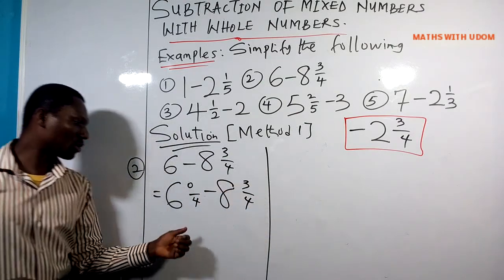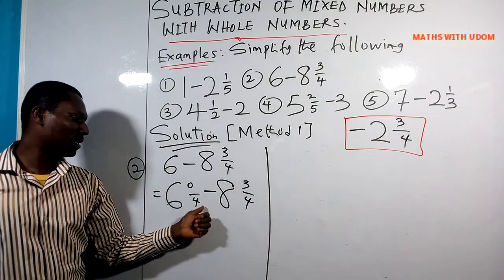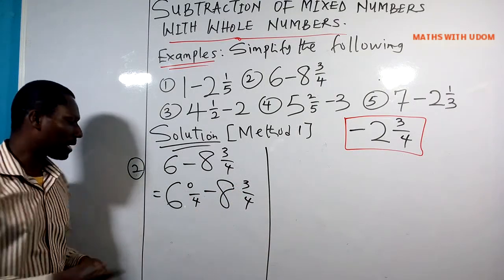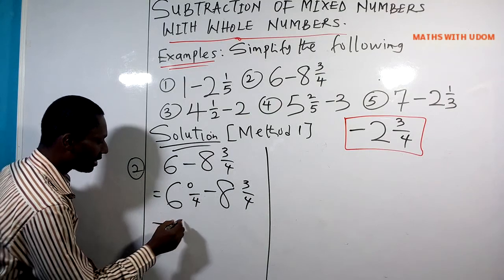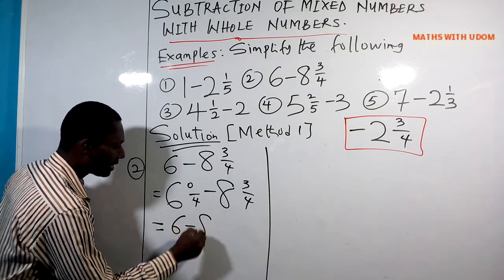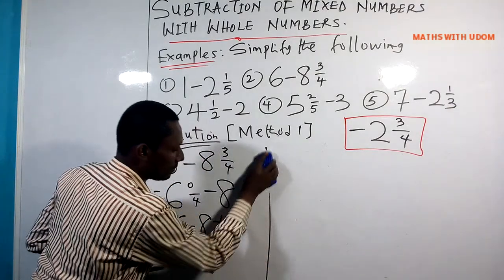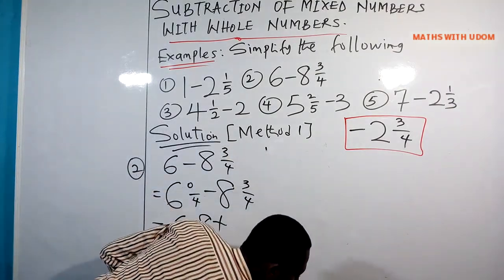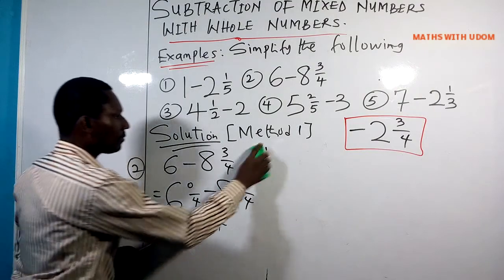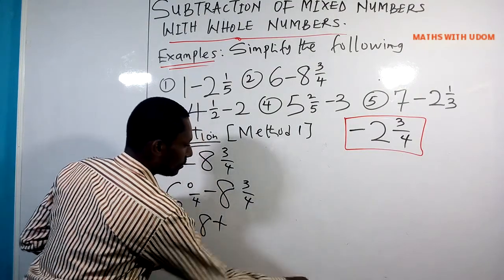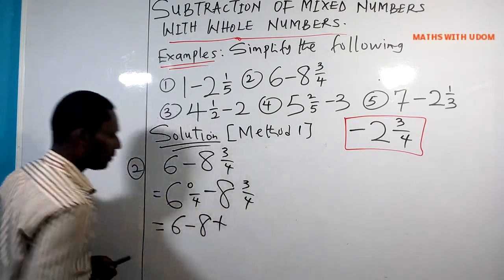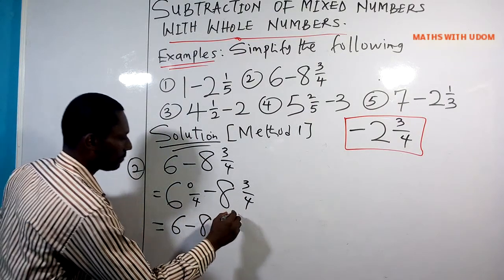So the next thing for us is to subtract the whole part from whole part, fractional part from fractional part. So we have the whole part here is 6. 6 minus 8 plus then the fractional parts. So what are the fractional parts?